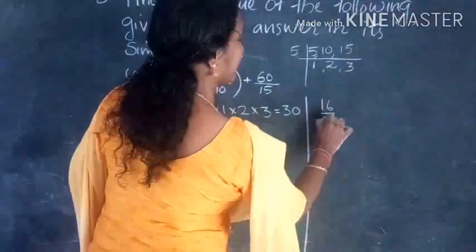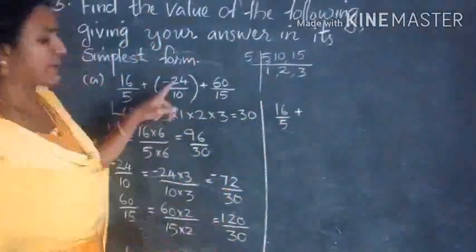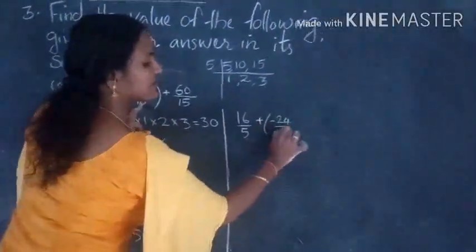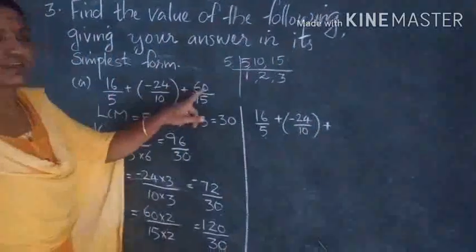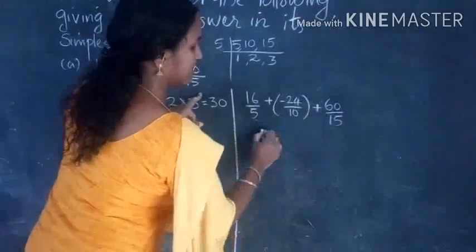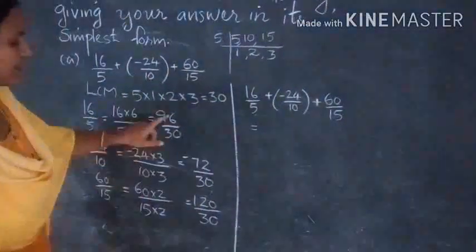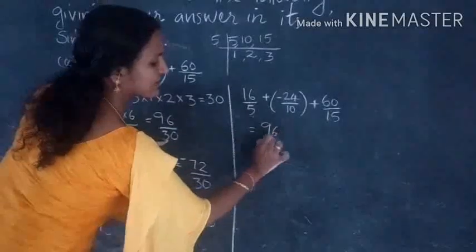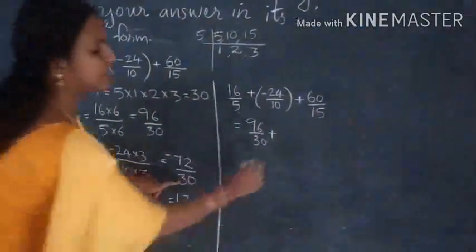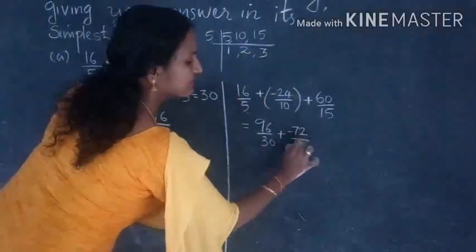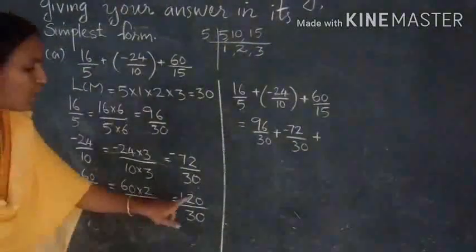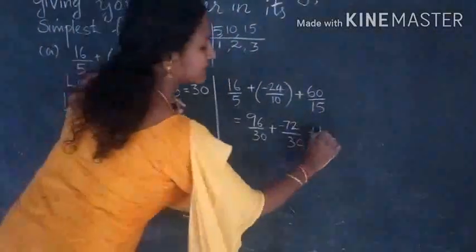16 by 5 plus minus 24 by 10 plus 60 by 15 is equal to 16 by 5, 96 by 30, plus minus 24 by 30, minus 72 by 30, plus 60 by 15, 120 by 30.